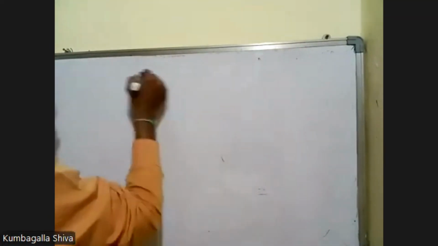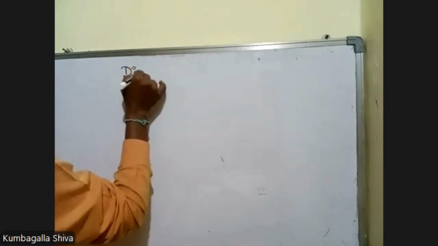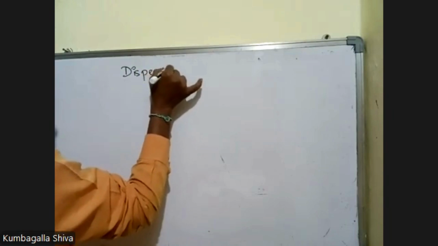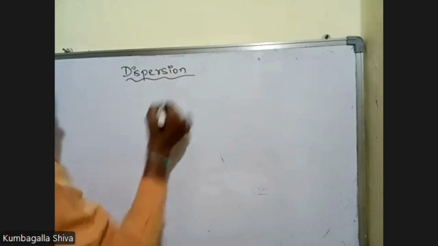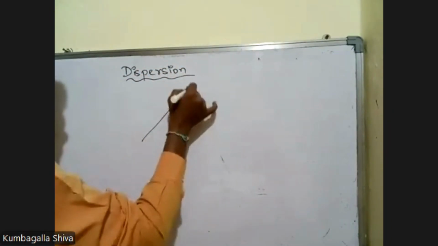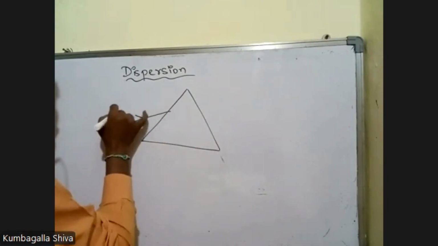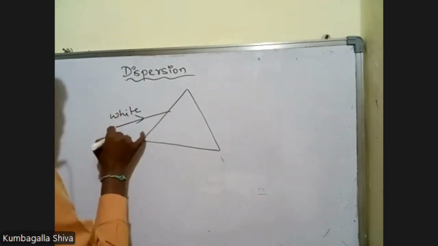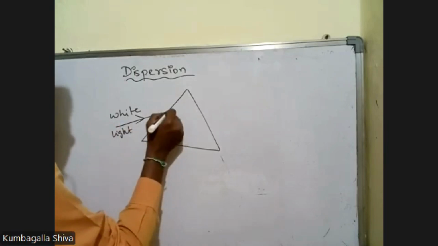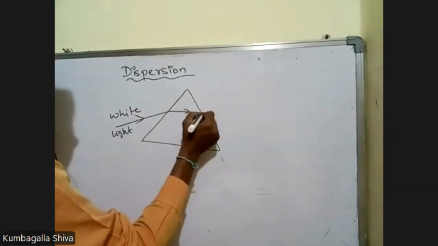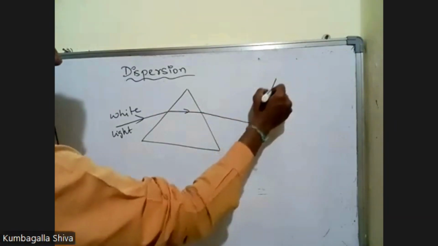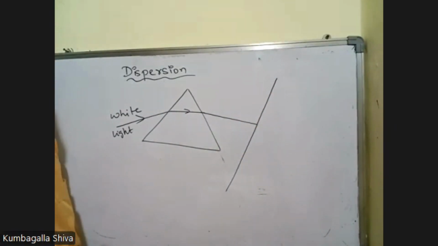Dispersion concept is dispersion. So whenever this is a prism and a white light is passed, then the light reflected on that, you will see that there will be 7 colors, like that.